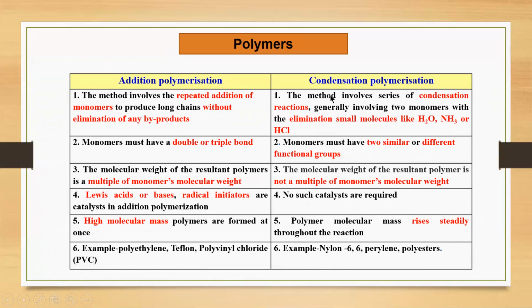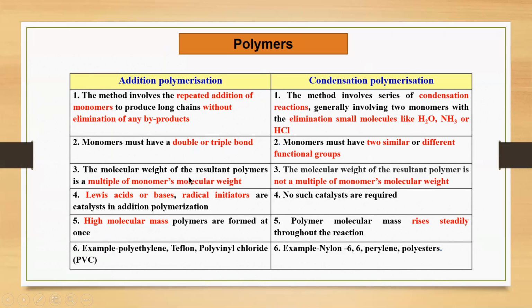Whereas condensation polymerization involves a series of condensation reactions, generally involving 2 monomers with the elimination of small molecules like water, ammonia, or HCl. In addition polymerization, monomers must have a double or triple bond. That is, to undergo addition reactions, the presence of a double or triple bond is mandatory. In condensation polymerization, monomers must have 2 similar or different functional groups that interact for the elimination of smaller molecules.